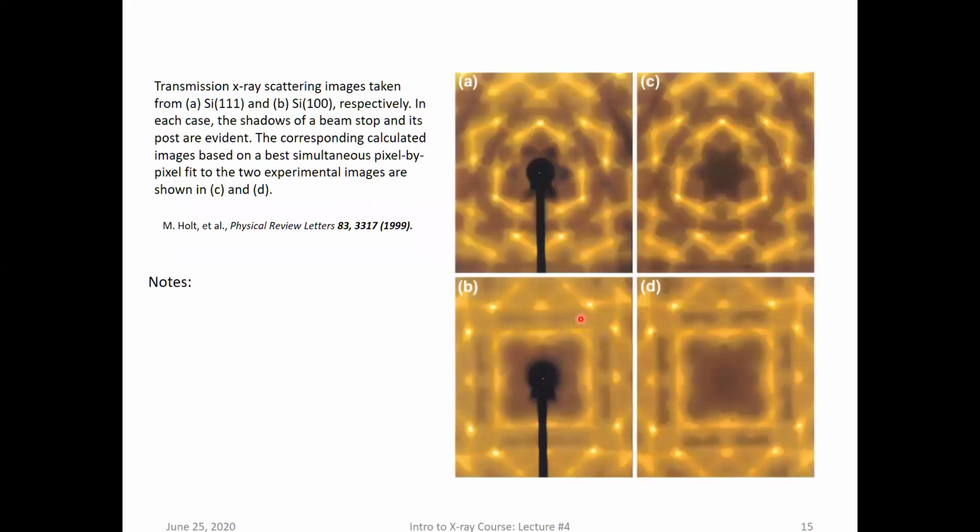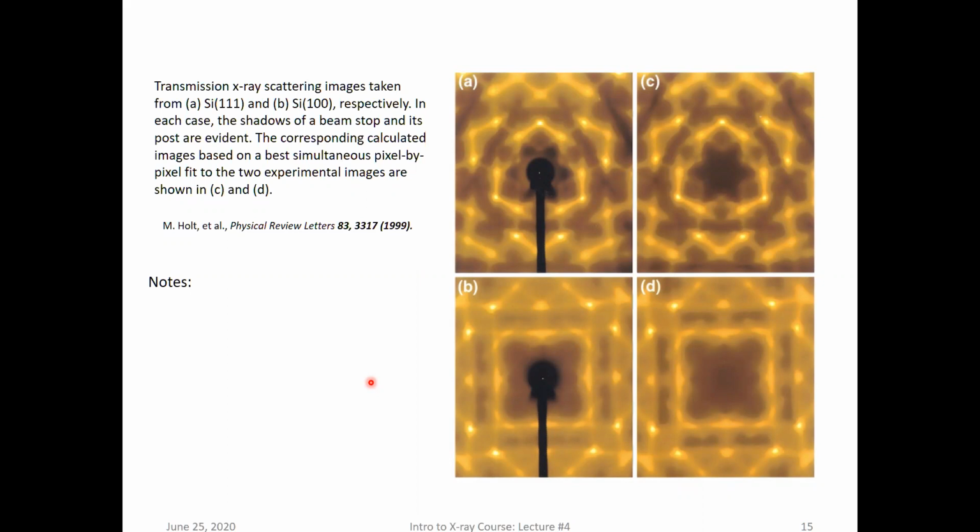Let's look at some examples. There's some really beautiful work done almost 20 years ago now. On the left-hand side is data, and on the right-hand side is calculation, simulation. What we're looking at is you take an X-ray beam and you drive it through a silicon wafer.